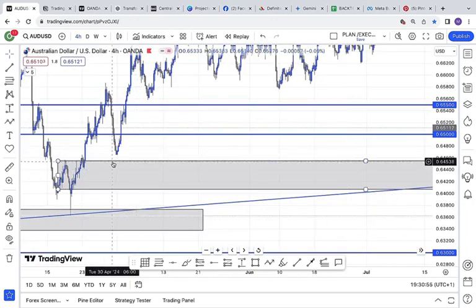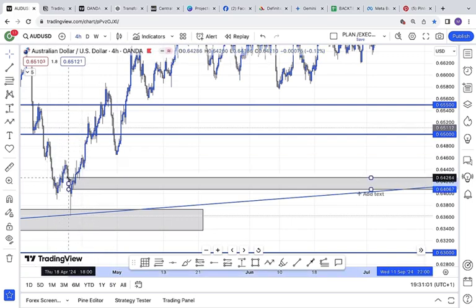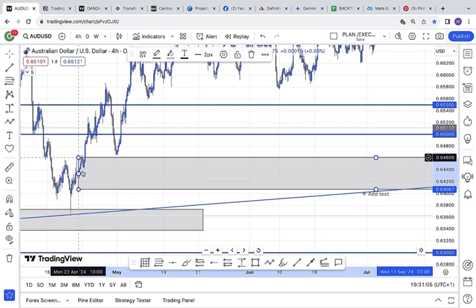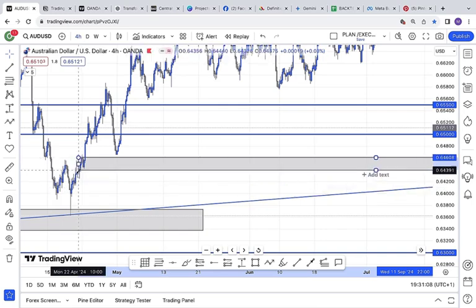Moving out to the 4-hour time frame, what are we looking at? So we have this zone on the daily, and we have this 4-hour demand zone.